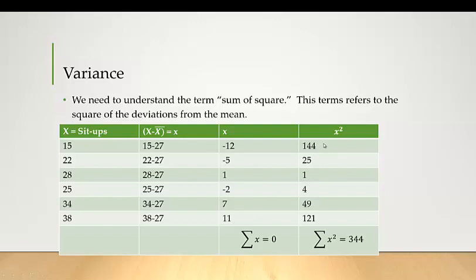Now when we get the sum of squares, the sum of x squared, we're just going to add up all these squared deviations. So that's what we mean when we say sum of squares. These are the squares of all the deviations from the mean, and we add them up and get 344. So our sum of squares is 344. That's the first step in looking at what variance is.